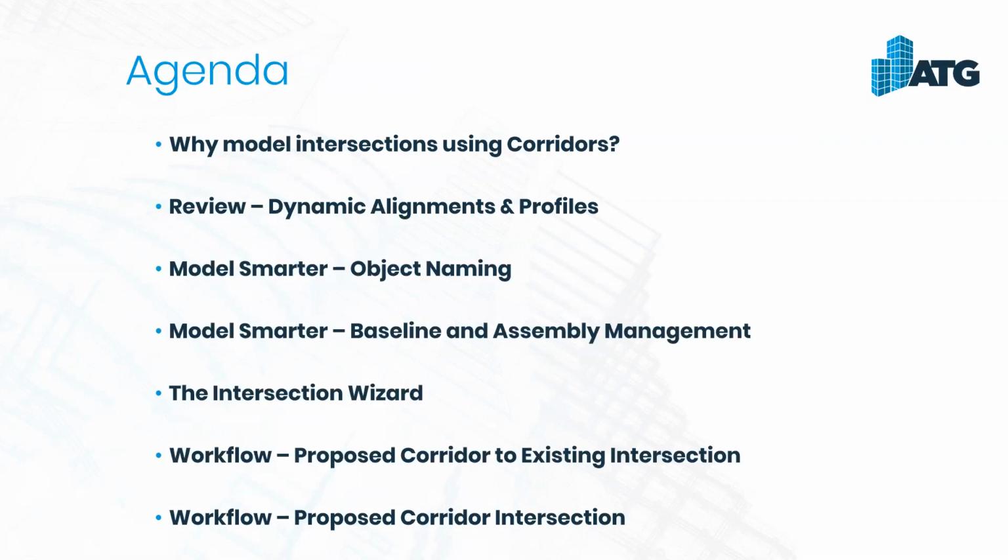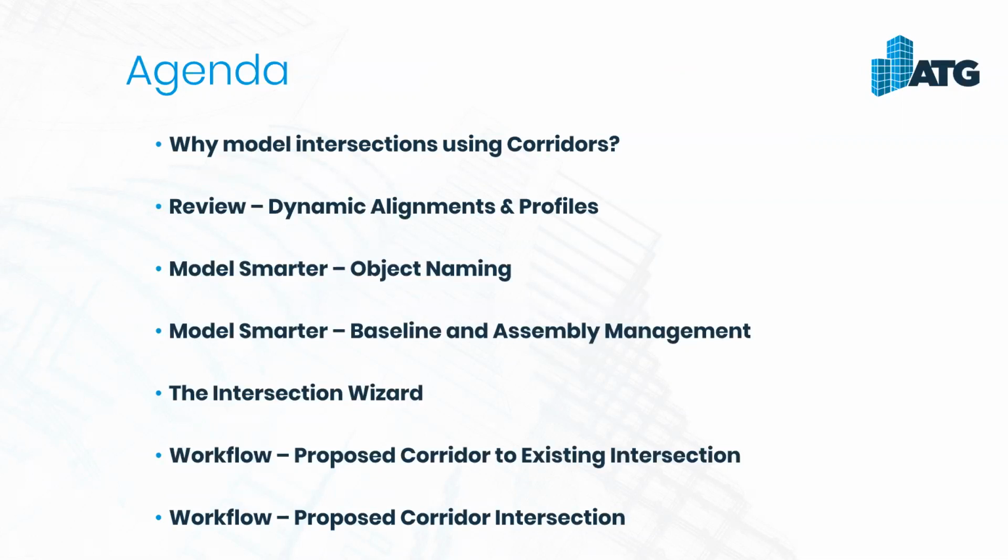And then I'm going to talk about some of my methodology for building corridors. And why we're going to spend so much time on the manual process as opposed to the intersection wizard is because I'm a big believer in keeping your models lean and clean.